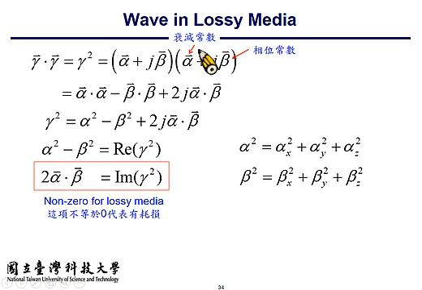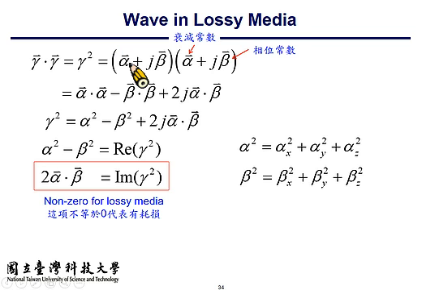Now let's do some interesting things. Here we do the dot product of gamma by itself. Gamma dot gamma, of course, is gamma squared.